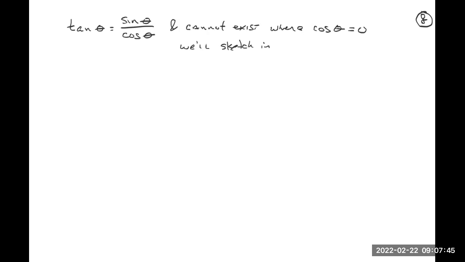We will sketch in cosine to draw our vertical asymptotes where cosine equals 0. So we're going to do this.